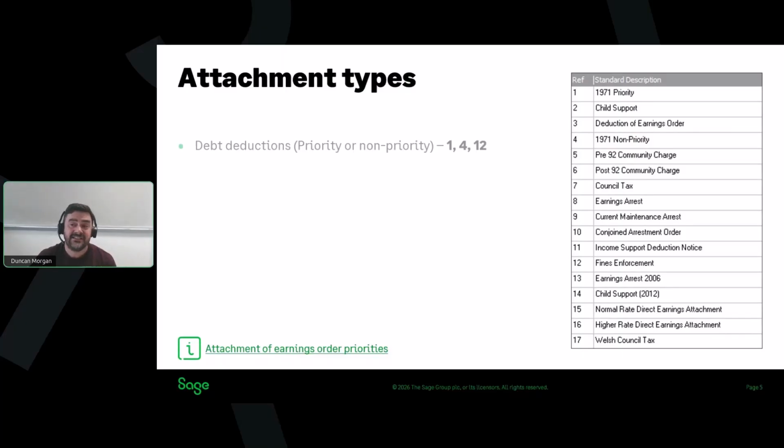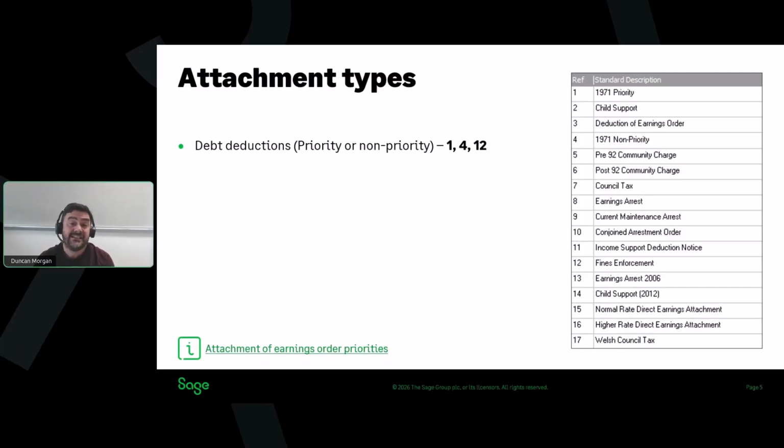attachment types that exist. Starting with debt deduction attachments, which could be marked either as priority or non-priority attachments. So these could be for fines, maintenance, or civil debts.